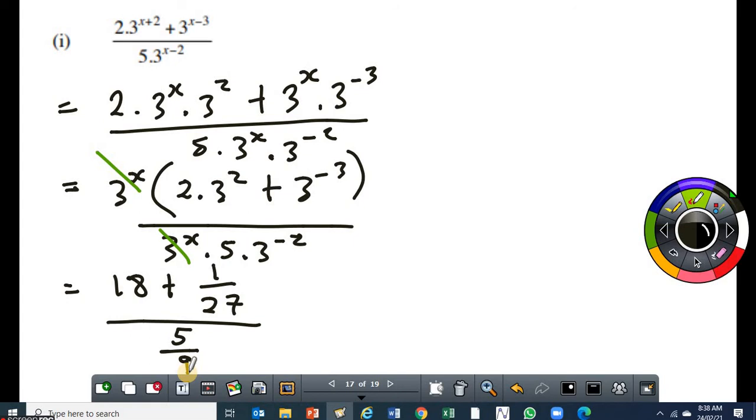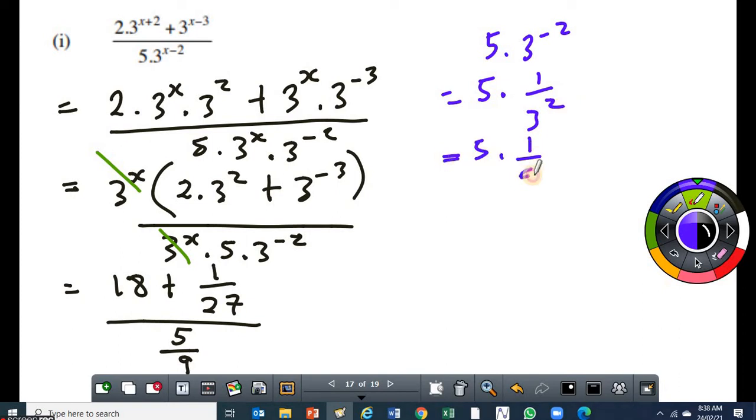Any question? You okay how I got this 5 over 9? Okay, you see 5 times 3 to the power of minus 2 is the same as 5 times 1 over 3 squared. And that will be 5 times 1 over 9, which gives you 5 over 9.